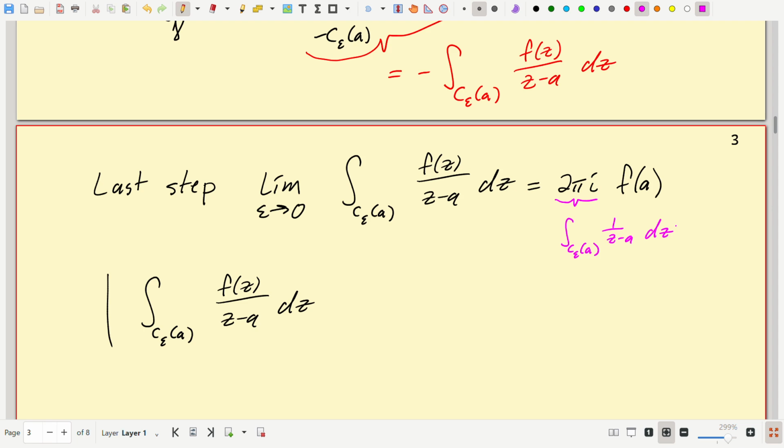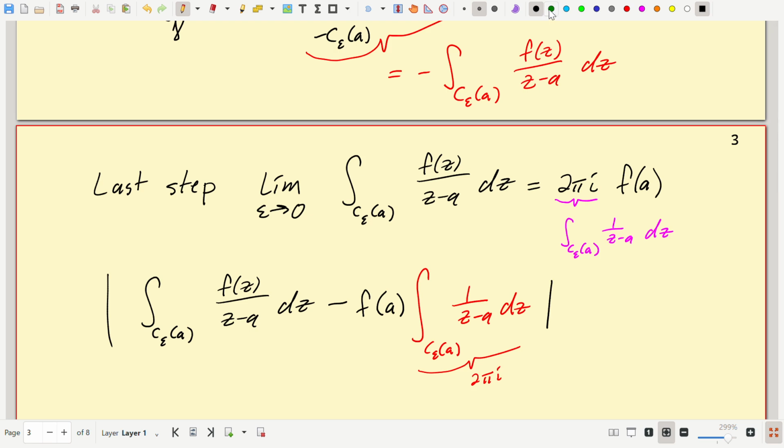So if I were to subtract that here, I'd get minus f of a times this. And you realize, oh, that f of a is a constant, so I can put it inside the integral.